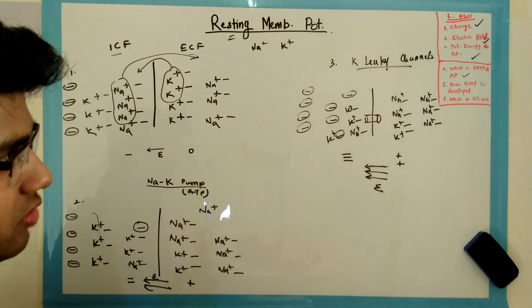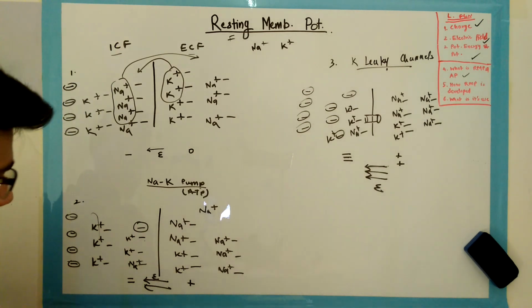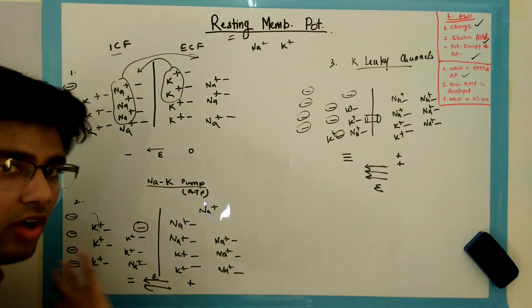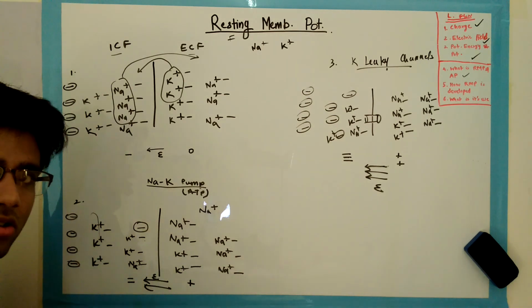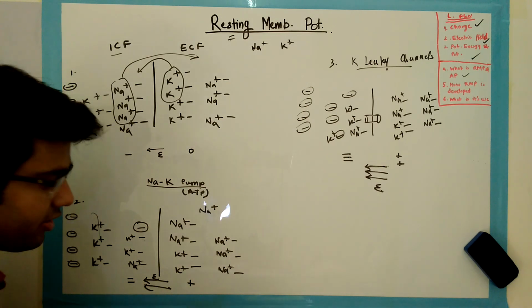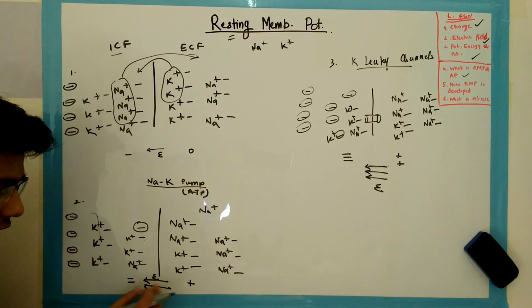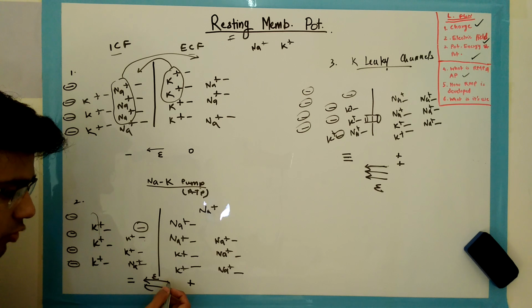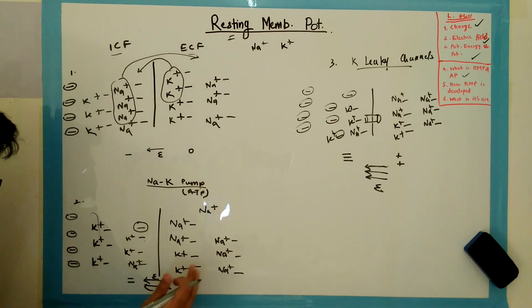Here I would like to mention one very important thing, that when potassium tries to move outside, there are two forces going in opposite directions. One is the electric field. See, the electric field is in this direction, so it will try to move positive ions this side, right?